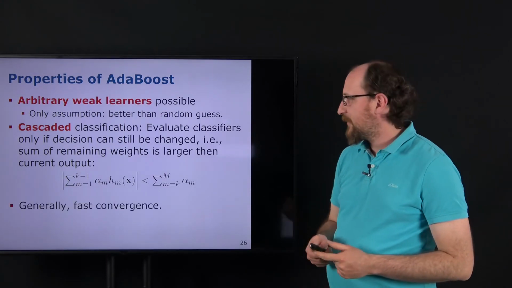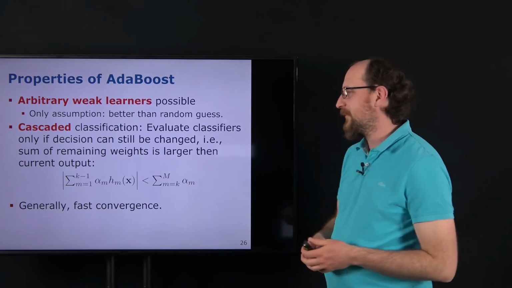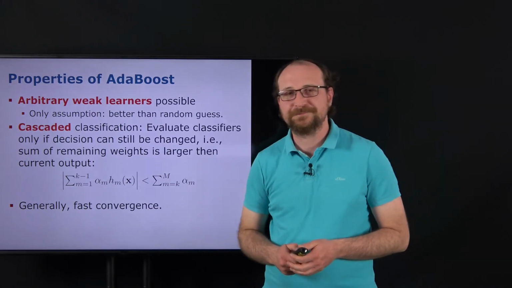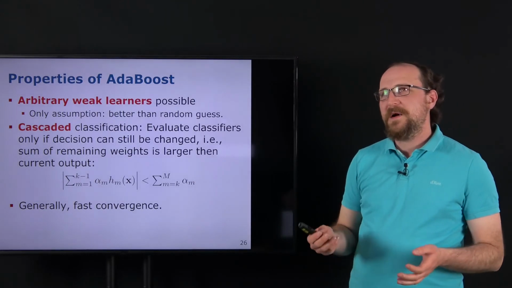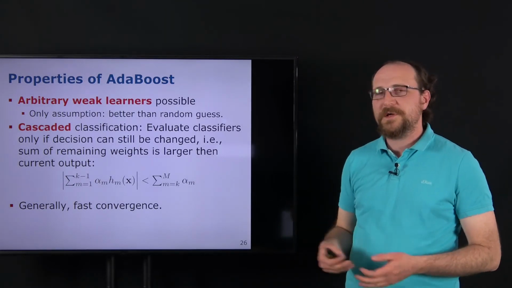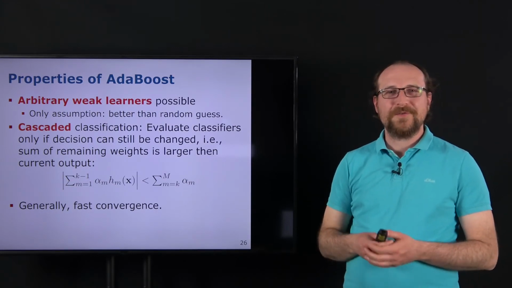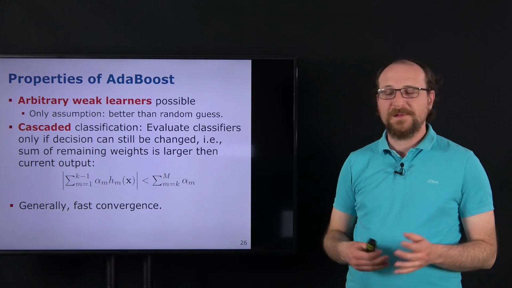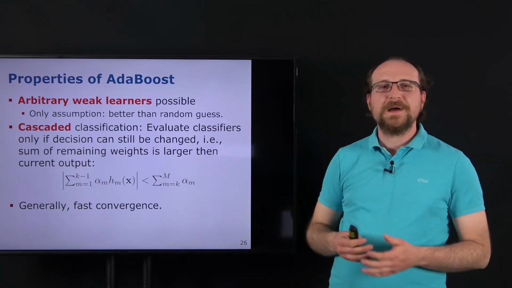And as you saw, what is also a nice property of the AdaBoost approach is that it generally converges very fast. So, we have now made a step in the right direction, so to say. We now have a powerful approach to basically learn an ensemble that also improves over time.